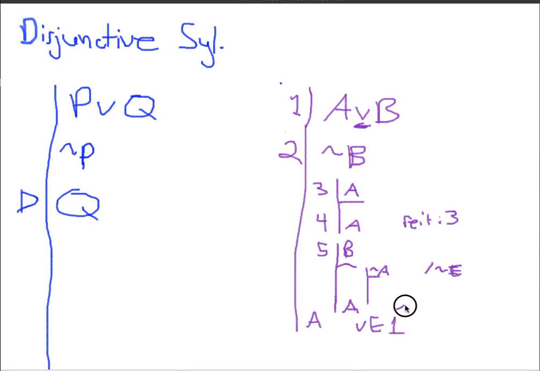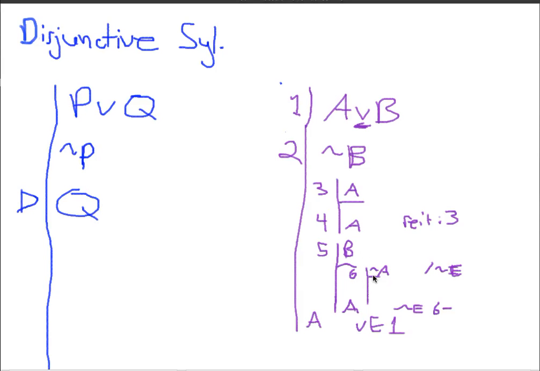And here our justification will be negation elimination, citing this subderivation. We won't know which one that is yet, but it'll be from 6 to something. And remember the rule for negation elimination: the thing you have to do is try to get a contradiction. And here, that'll be relatively easy.